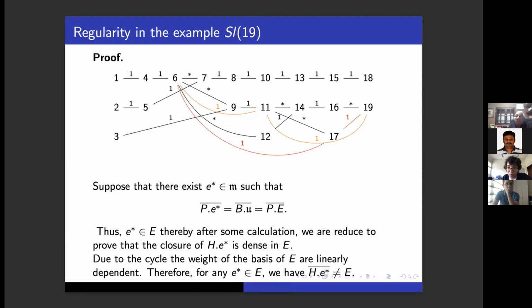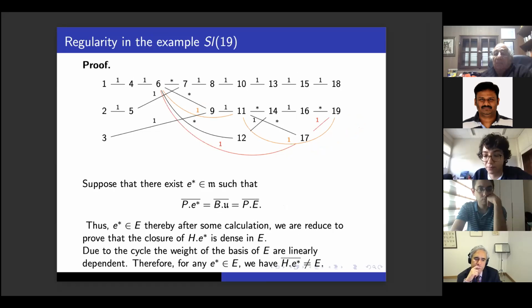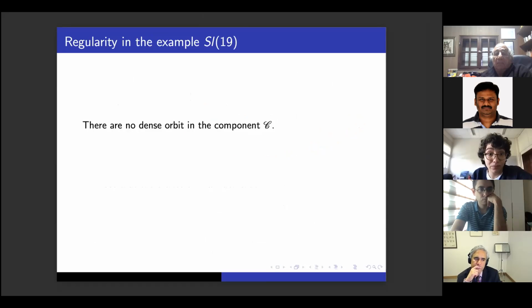The weights of the basis of E are not linearly independent. Therefore, for any element E star, we will never have that the closure of H dot E star equals E. Therefore, there is no dense orbit in the component.